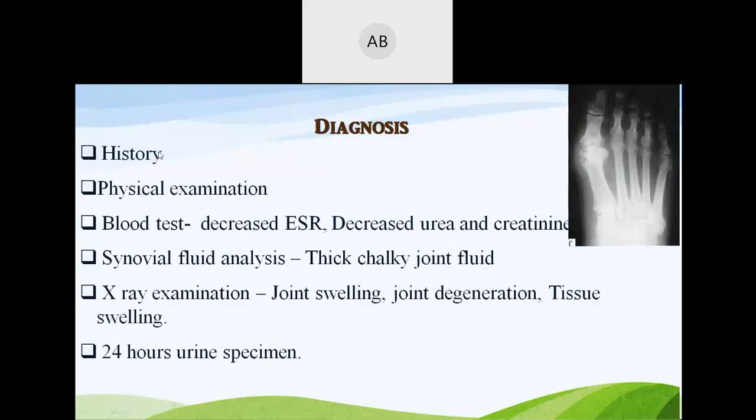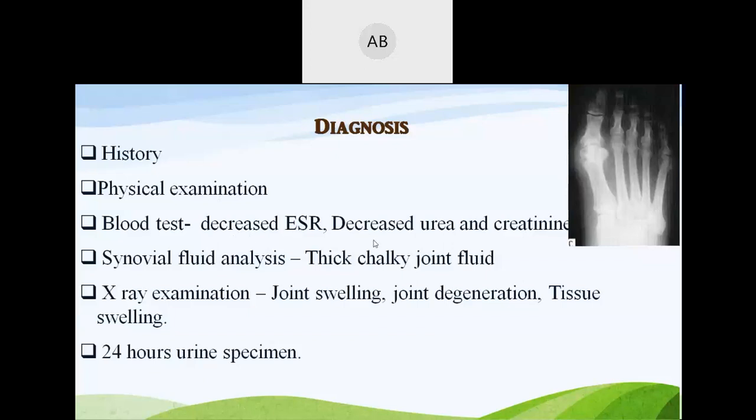Diagnosis. Now, how will we diagnose gout? History can be collected regarding the type of diet they take, exposure to any chemicals or toxins, or any family history of gout. Physical examination can be conducted to see the range of motion in the patient. Blood tests can be performed, especially ESR, erythrocyte sedimentation rate.